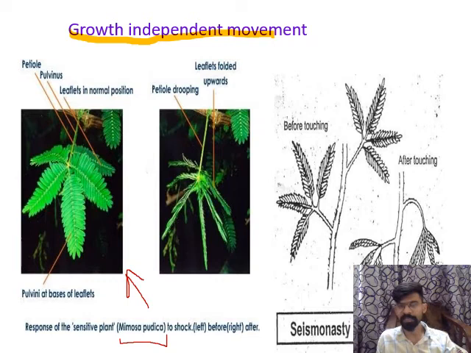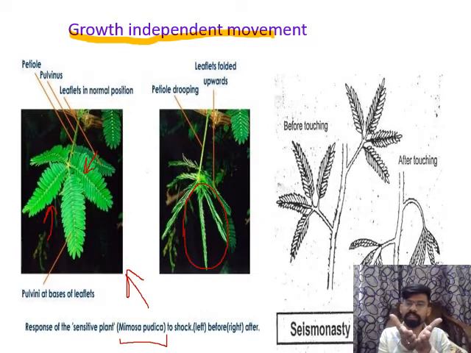Suppose we touch the leaf from this surface or from the lower surface, the leaf, in the red circle I am showing, will always bend in a particular fixed direction, just like this.